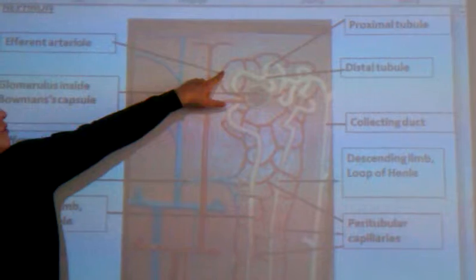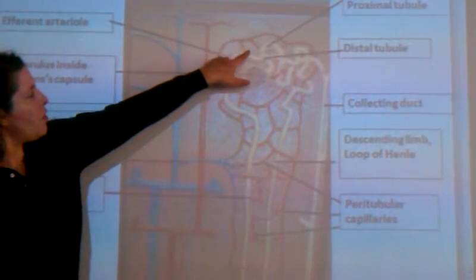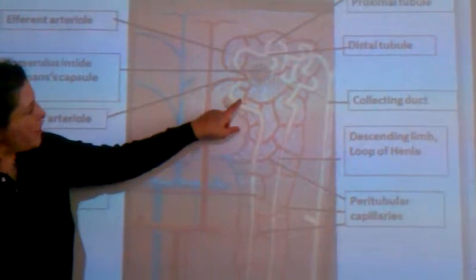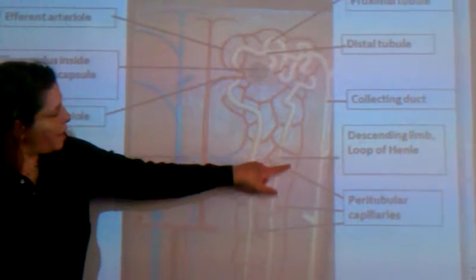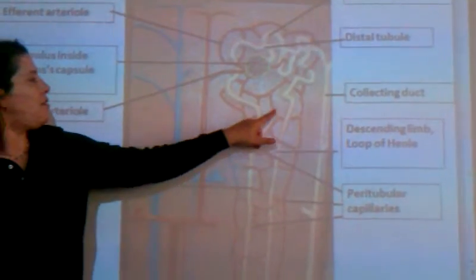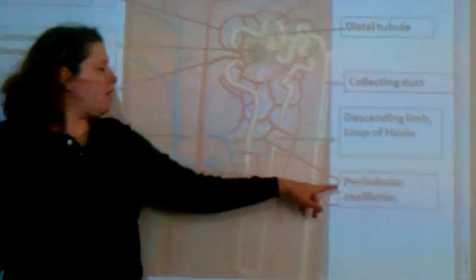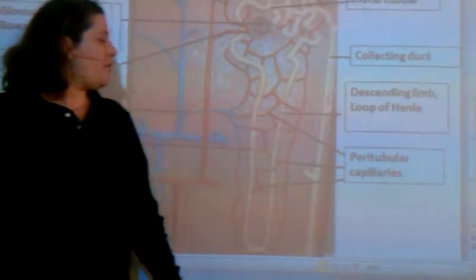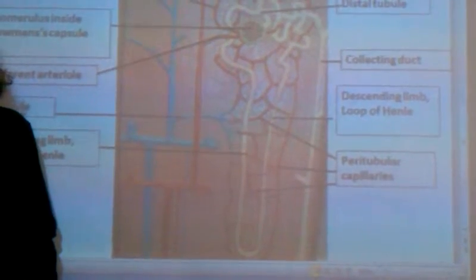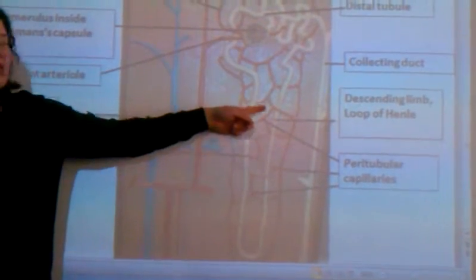This blood will then, through the efferent arteriole, go into small capillary branches. Those capillary branches end up forming a network that surrounds the tubules of the nephron. And we call these peritubular capillaries. Okay, peritubular capillaries. And note that the blood is still rich in oxygen.